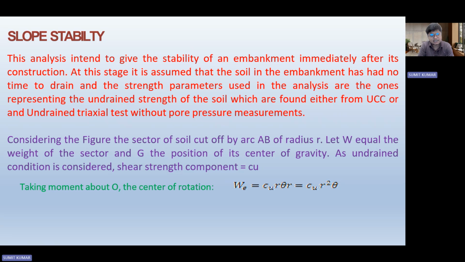Now, considering the figure, the sector of soil cut off by arc AB of radius R, let W be the weight of the sector and G be the position of its center of gravity. As undrained condition is considered, the shear strength is given as Cu, and taking the moment about it will give W into E equal to Cu into L into R, equal to Cu into R square into theta, because L equals R theta, right?